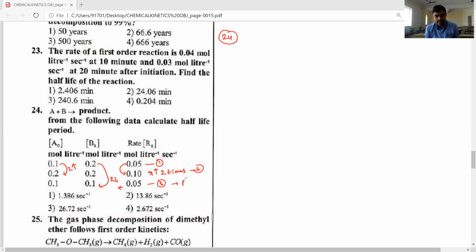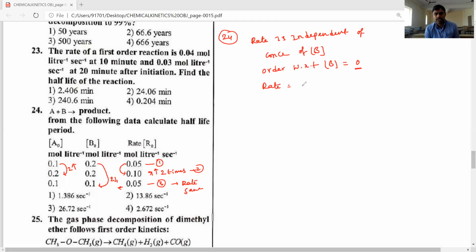Rate is the same means the rate is independent of the concentration of B. Hence, the order with respect to B is equal to 0. Now the rate expression is equal to K into concentration of A power X.